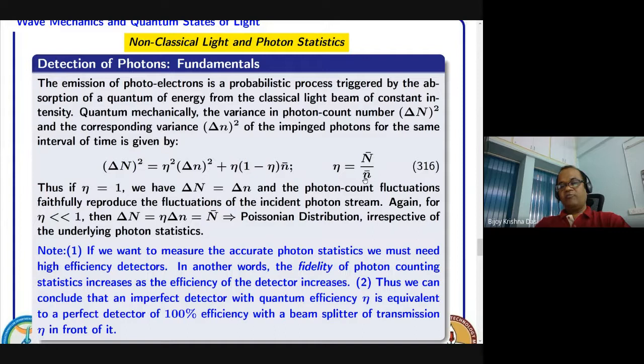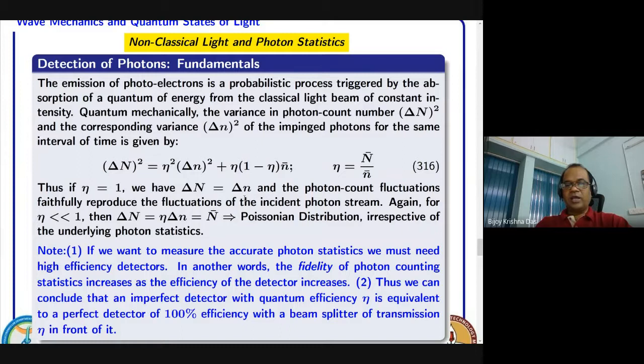If the average number of incoming photons is n bar, and the generated photoelectron number is capital N bar, then that ratio is the efficiency. If eta equal to 1, then n bar equal to N bar, the second term will be 0, and you get delta N equal to delta n. So eta squared equal to 1.